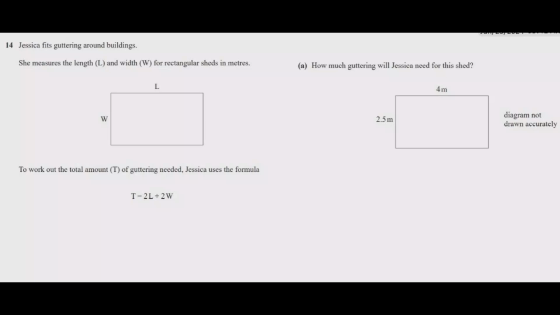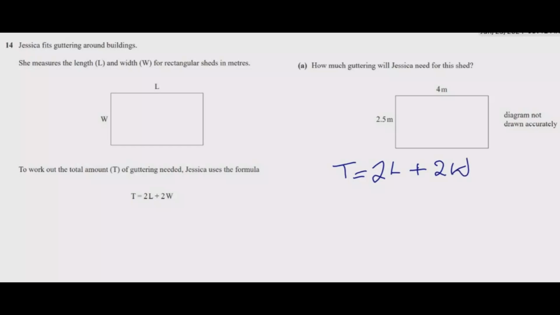Okay, to find the total amount of guttering needed, we are going to use the formula that is given. T, standing for the total amount, is equal to 2L plus 2W.